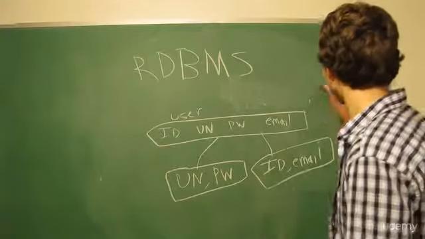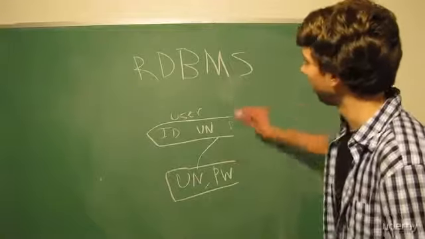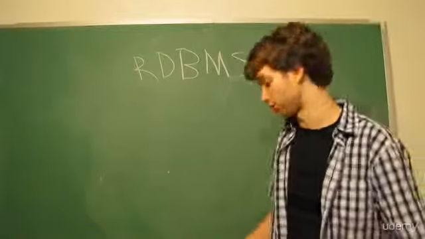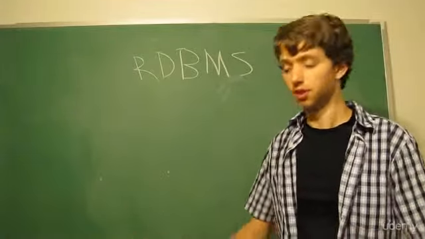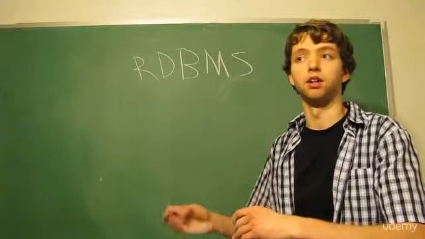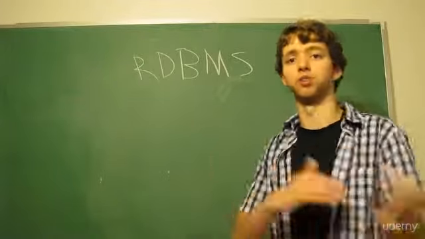Alright, so what else? A relational database management system allows us to do transactions, which we'll be talking about as the time comes. Basically, a transaction is what it sounds like. It's when we do something with the data that either completes all the way or doesn't work at all.